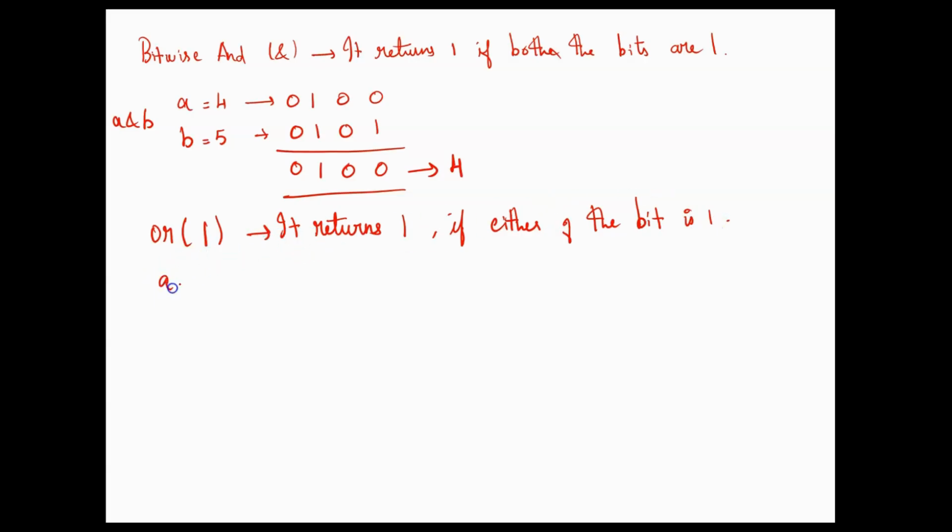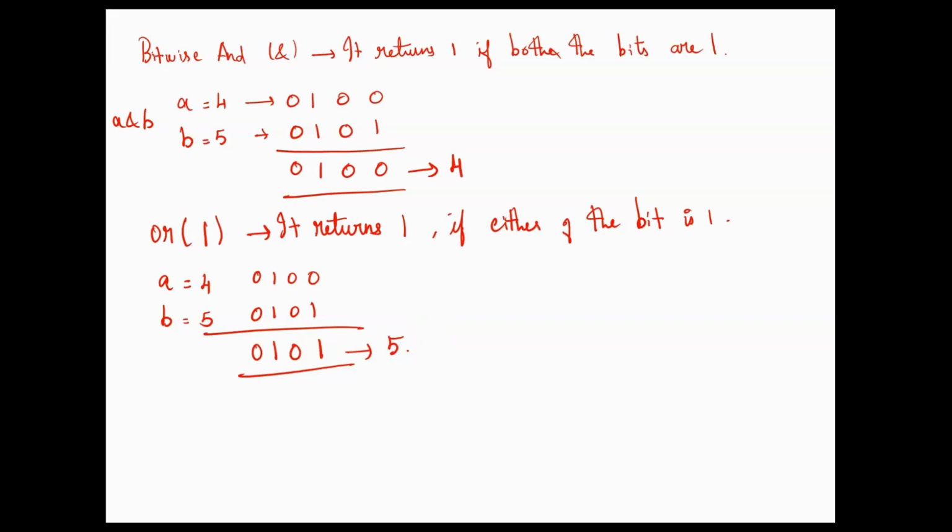The same example, A is equal to 4 and B is equal to 5. So let us write 0100 and 0101. It returns 1 if either of the bits is 1. If any of the bits is 1, it returns 1. So we get 0101, which is the decimal number 5.